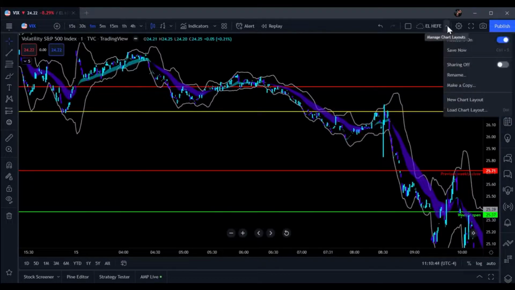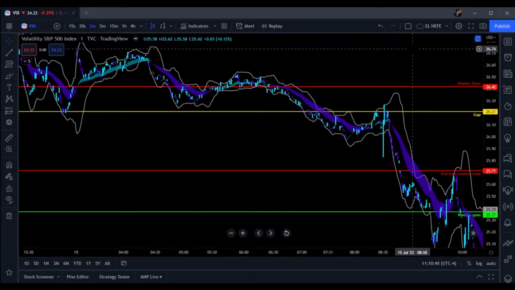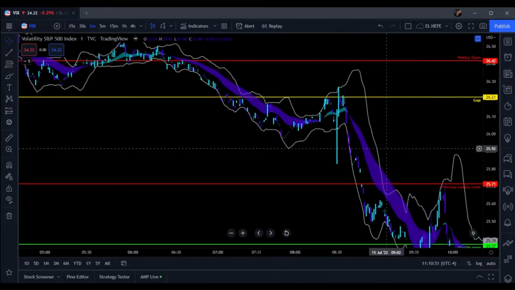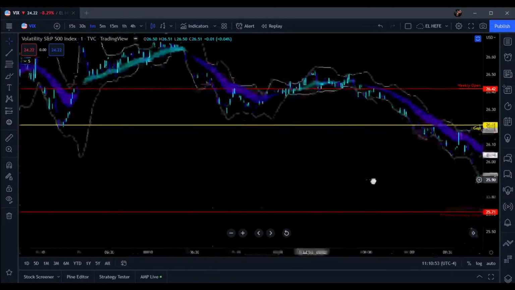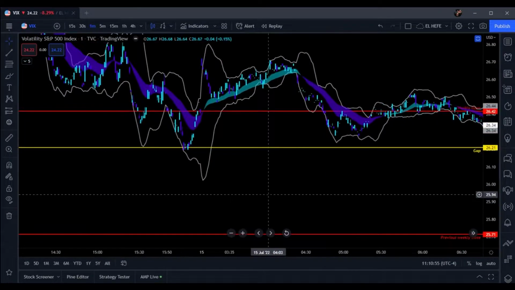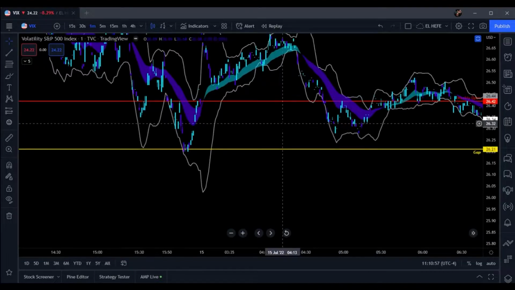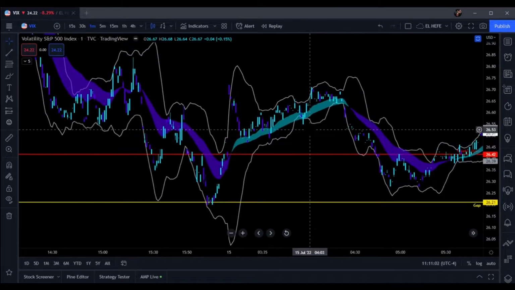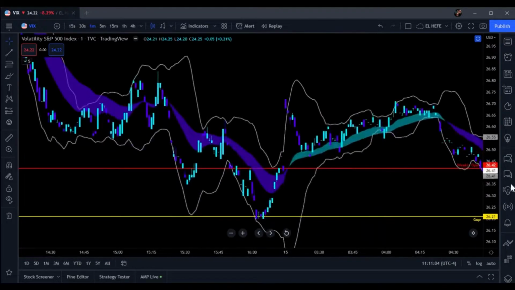Is that a different one? Yeah, that's what I'm saying. Huh. Okay. Well, I guess I'm forced to draw these levels here. Whatever. That's crazy. I don't know where they would have went.